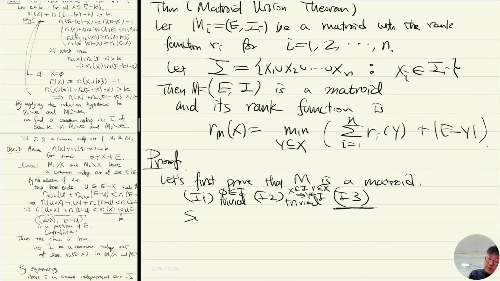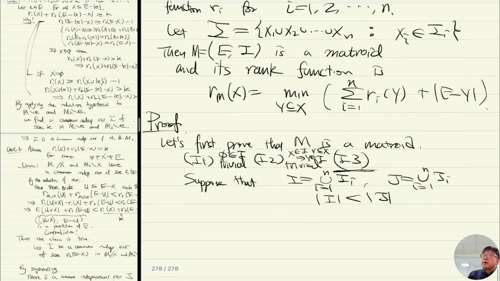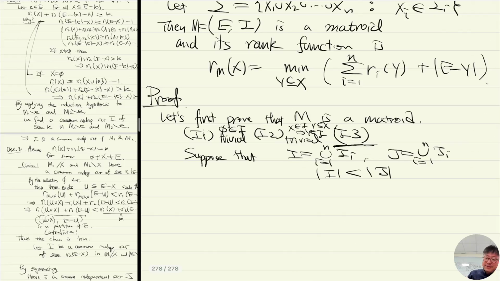So suppose that I is a union of Ii and J is a union of Ji, and the size of I is less than the size of J. The goal is to find an element in J minus I such that I union that element is independent.